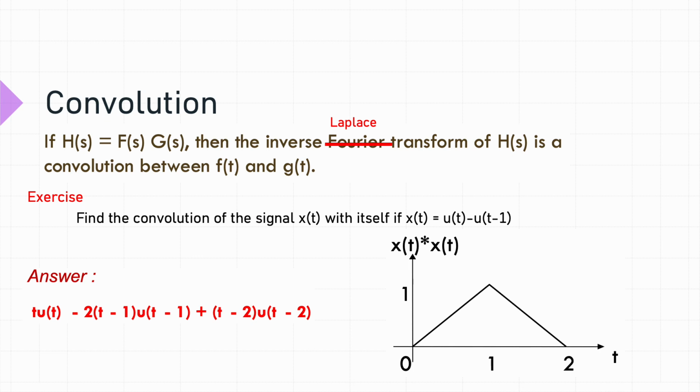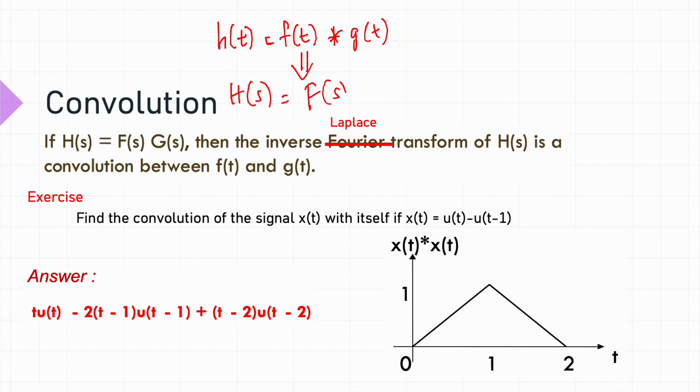We have learned the convolution of two signals, for example in this case h(t), which is the convolution of both signals f(t) with g(t). In order to solve this, we can convert it into S domain, because in S domain, convolution becomes multiplication.